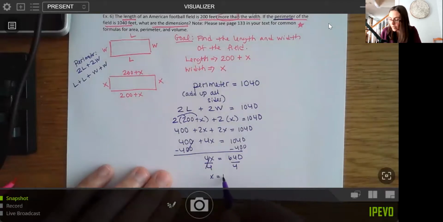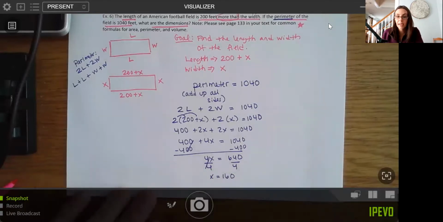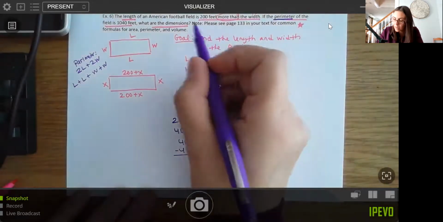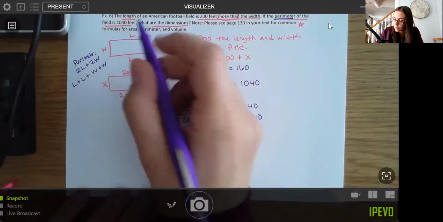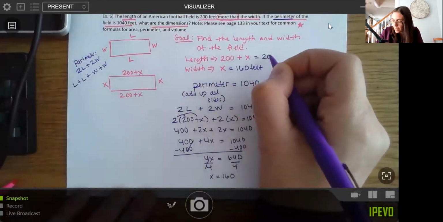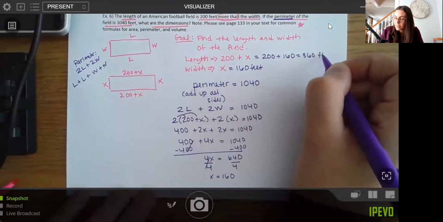And I get x is 160. So let's plug this back in. So our width here is 160, and be careful, this was in feet. I want to make sure I note my units. And my length here is 200 plus 160, which is 360 feet.